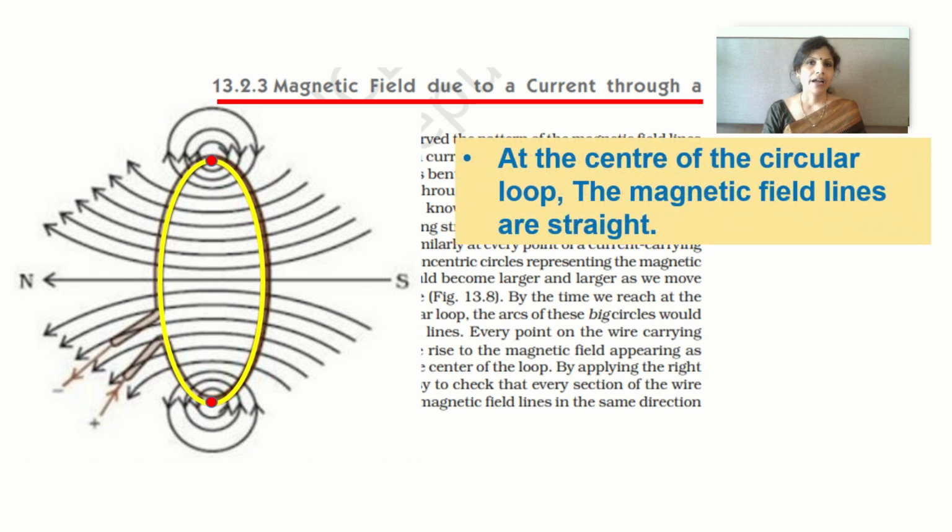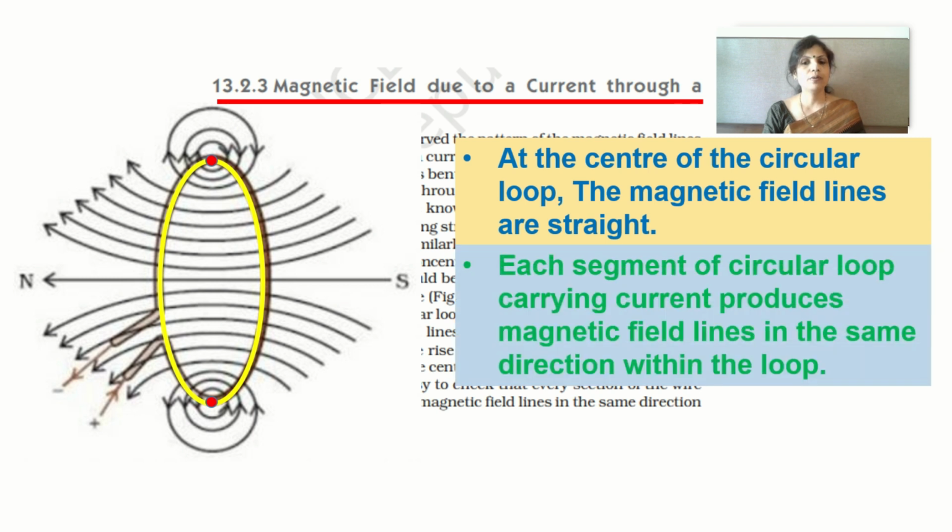Alright, and we will observe that at the center of the circular loop, the magnetic field lines are straight. It looks as if these are straight lines. You can just observe there. Second observation is each segment of the loop carrying current produces magnetic field lines in the same direction within the loop.